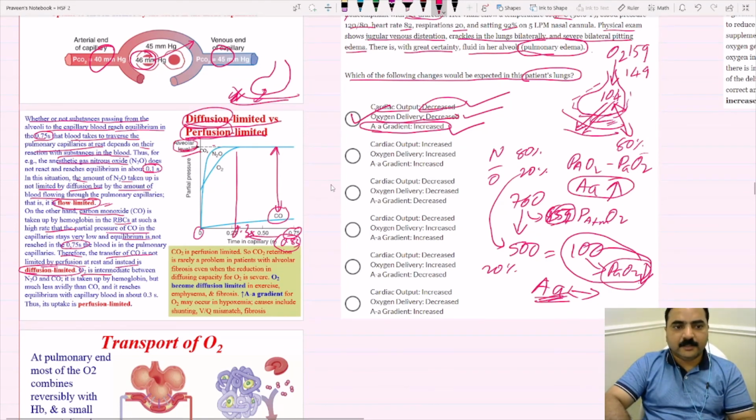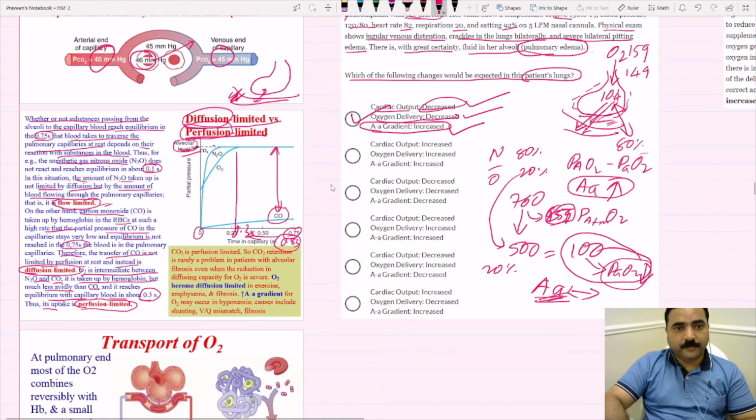So oxygen is intermediate between nitrous oxide and carbon monoxide. It is taken up by hemoglobin but much less avidly than carbon monoxide, and it reaches equilibrium with capillary blood in about 0.3 seconds. Thus its uptake is perfusion limited in a normal scenario, and only in disease conditions can oxygen become diffusion limited.